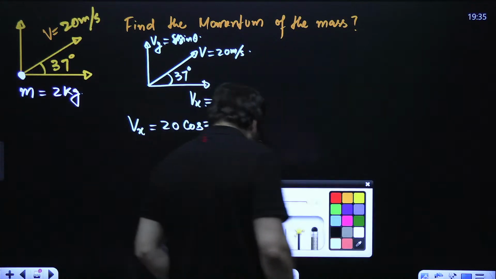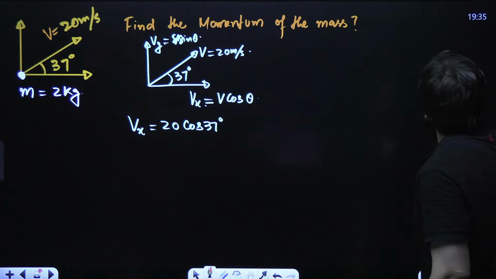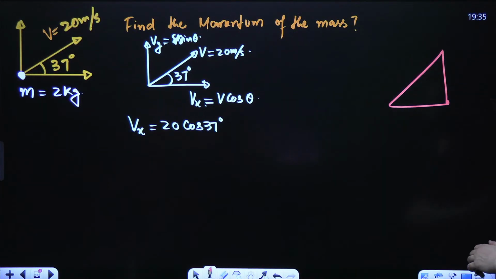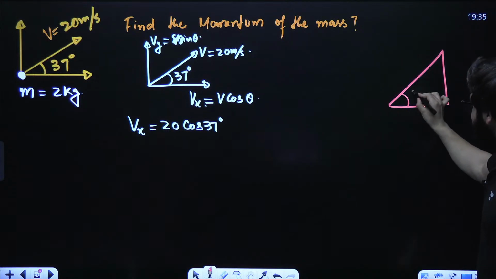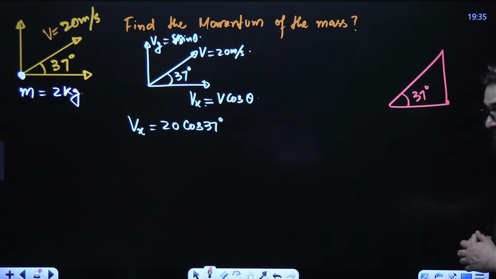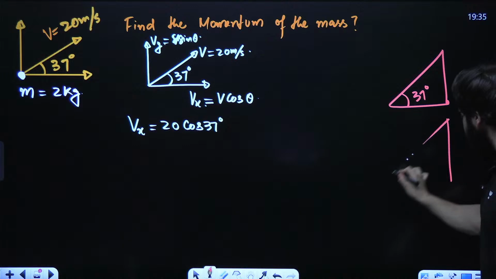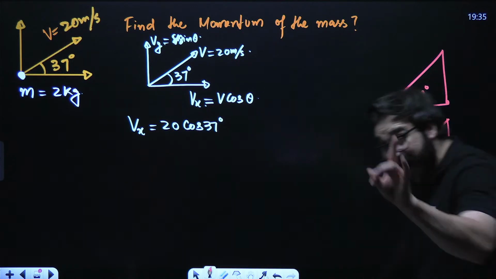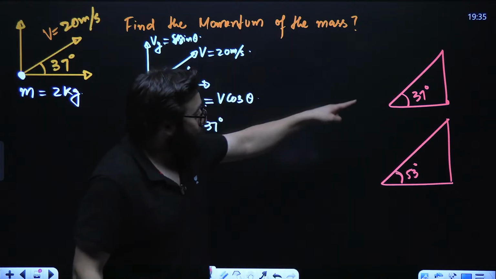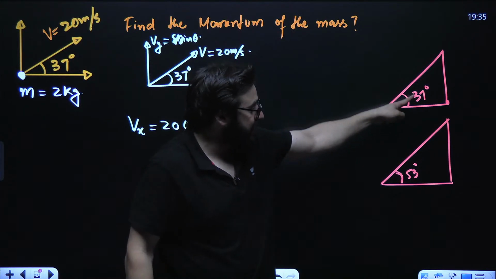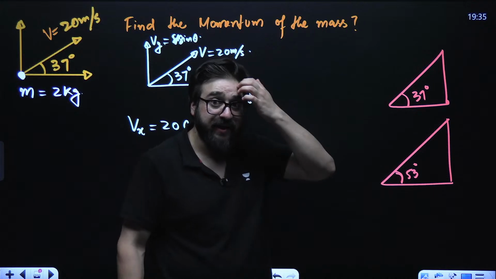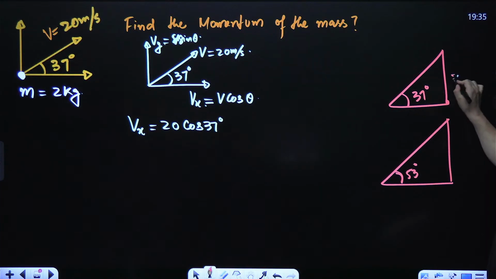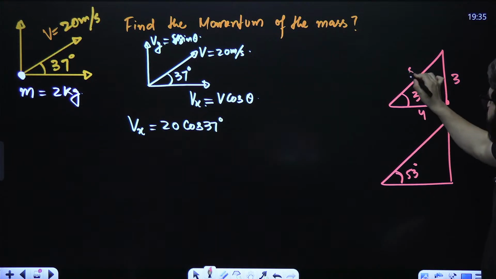Now, remember this trick, guys. If we have a triangle over here with this angle 37 degrees, and another triangle over here, this is what we call the 53-degree triangle. If you have a 37-degree triangle and this angle over here is 53 degrees, then remember, the sides of this 37-degree triangle are 3, 4 and 5.